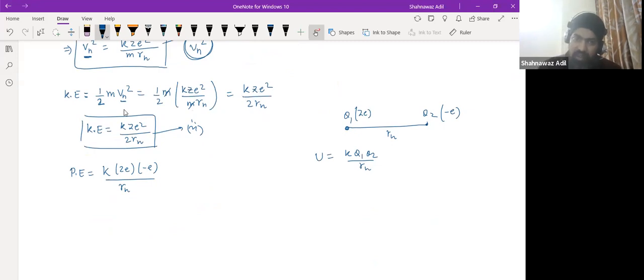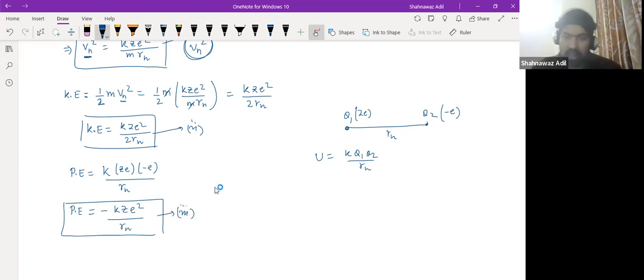So this would be K Z minus e square by r. So this is my potential energy. Now let's call it 3.